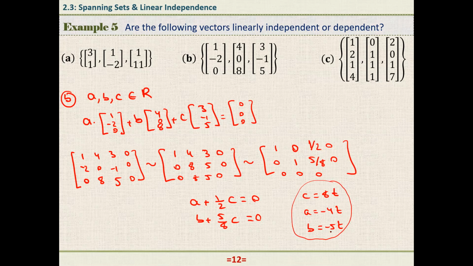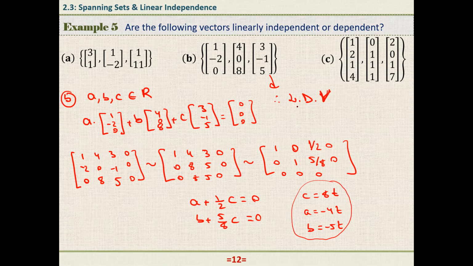If T equals 10, another solution. So that means that in infinitely many different ways, I can write a linear combination of these three vectors where the linear combination is equal to the 0 vector. So that means that these three vectors are linearly dependent vectors.